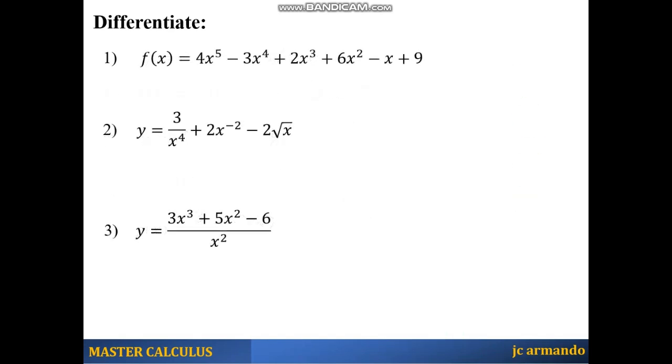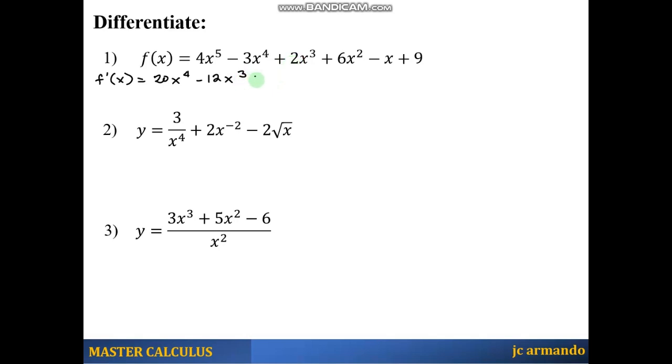How about f of x equals 4x to the 5th minus 3x to the 4th plus 2x cubed plus 6x squared minus x plus 9. So this becomes f prime of x equals, so we have 4 times 5, 20, x, 5 minus 1, 4. Then negative 3 times 4 is negative 12, x, 4 minus 1, 3.